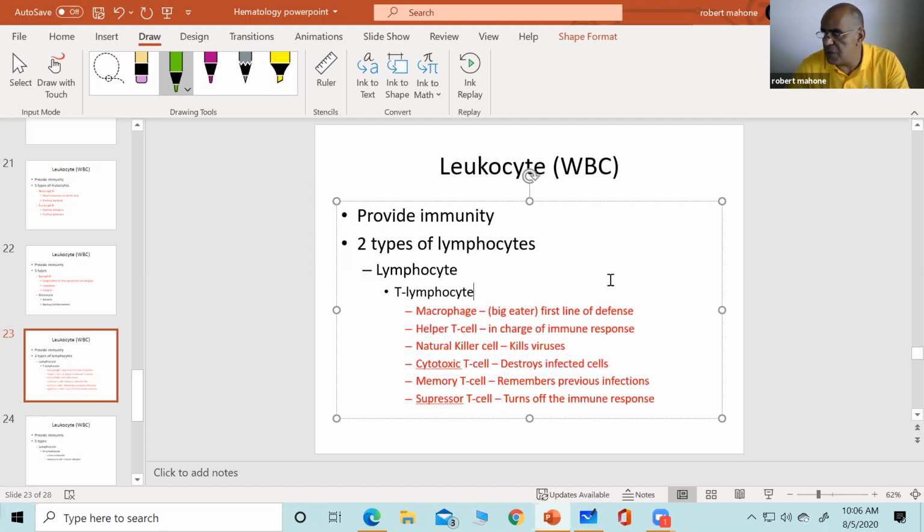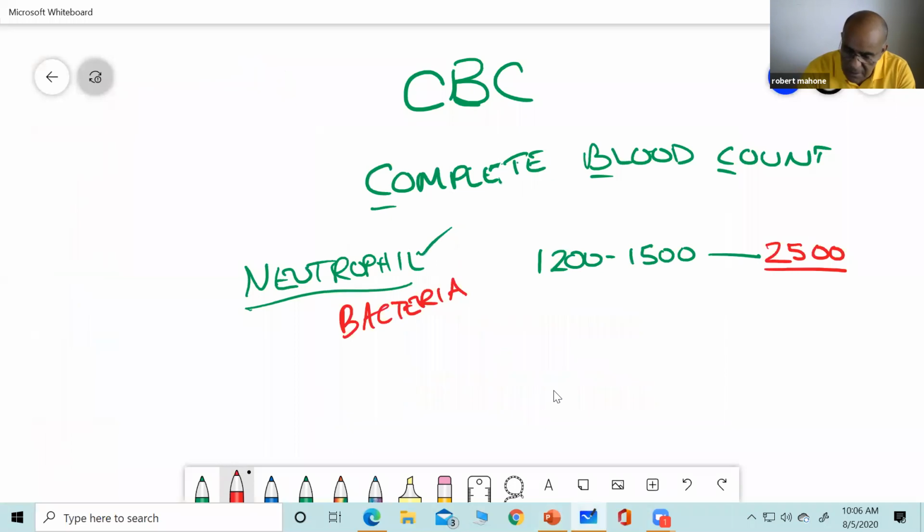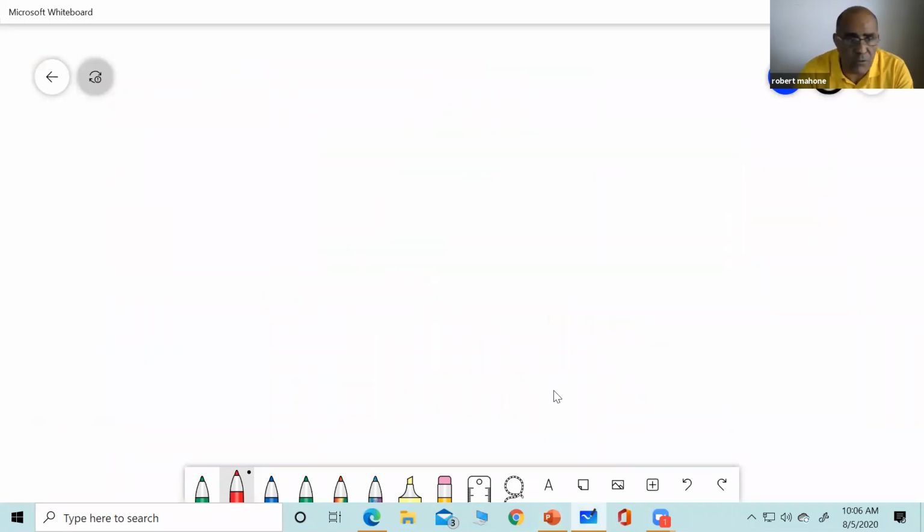The first one is called a T lymphocyte. First of all, let's first talk a little bit about how viruses work and why we need multiple types of lymphocytes.